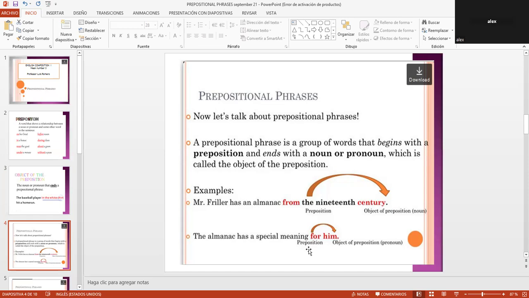In this case, as I was saying before, you have for, which is a preposition, and the word him, which is the object of the preposition. But in this case, it is not a noun, but a pronoun. So be careful, because in the exercises that you have on the platform, you have a sentence that has a pronoun, okay? So be careful with that when you do the exercises. Okay, let's go on.